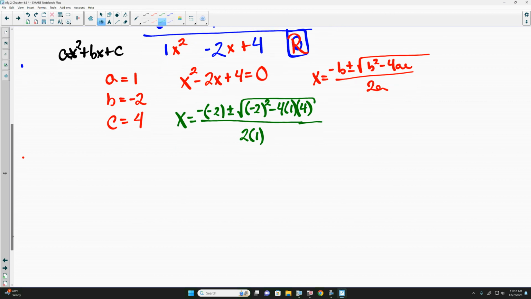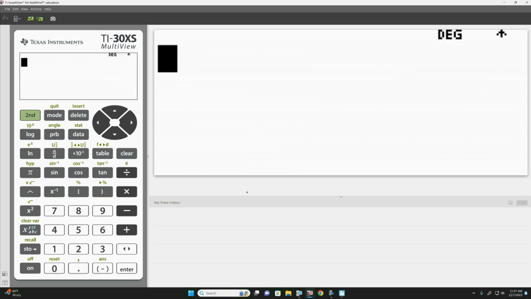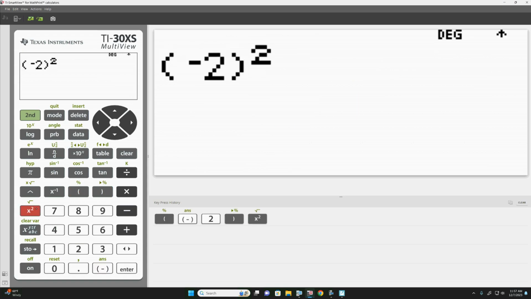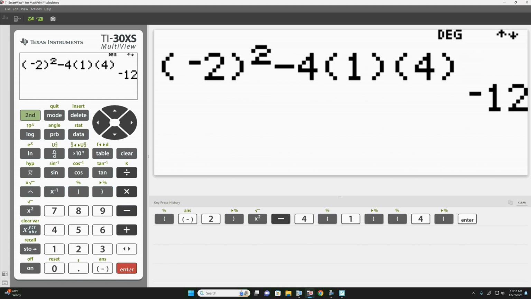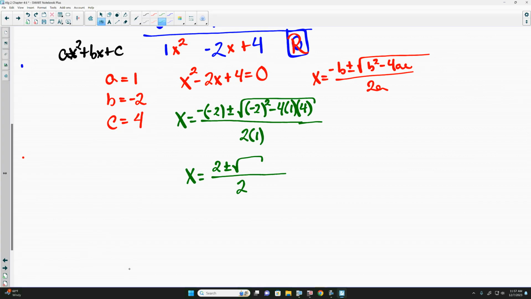At this point here, we can do some simplifying. Our negative, negative 2 is just going to become 2. The denominator, 2 times 1 is 2. We can plug everything inside the radical into the calculator. Negative 2 squared minus 4 times 1 times 4 is negative 12.